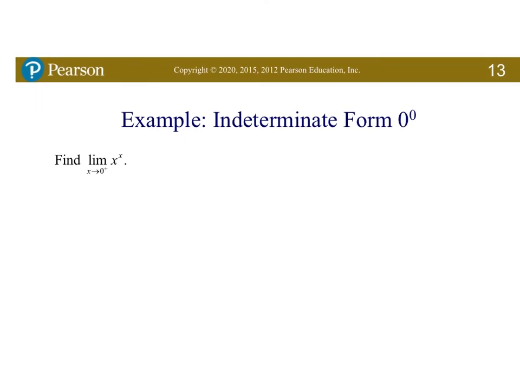All right, the second to last indeterminate form we're going to look at is x to the x. And we're going to use the natural log again here. So we end up with 0 plus to the 0 plus, so that's 0 to the 0 as an indeterminate form. So I'm going to set up the natural log of the limit.